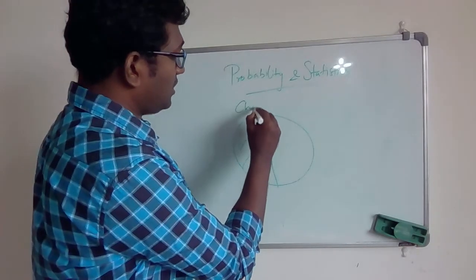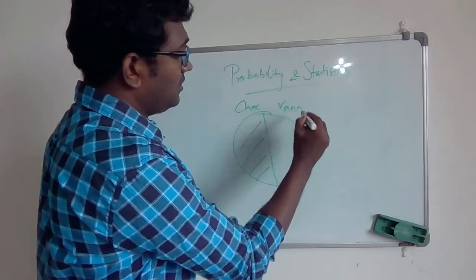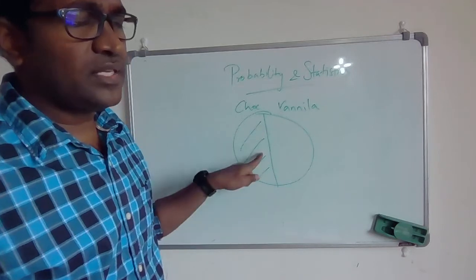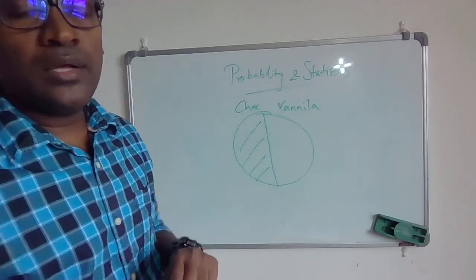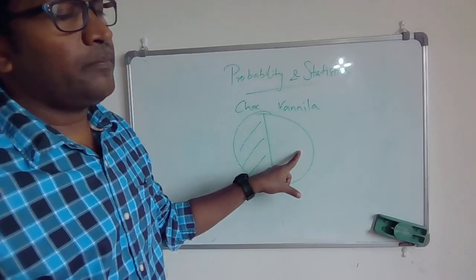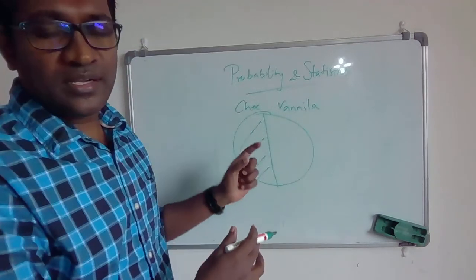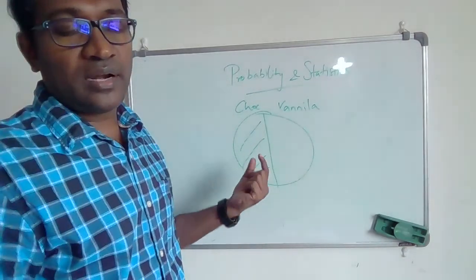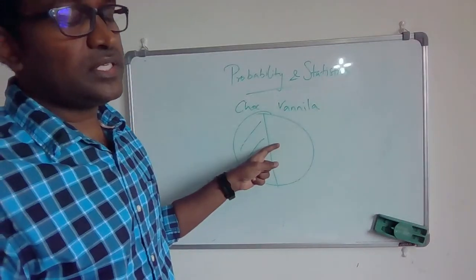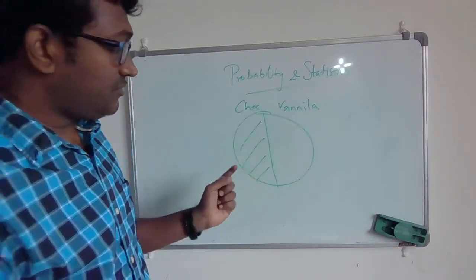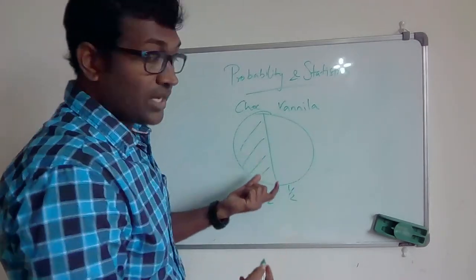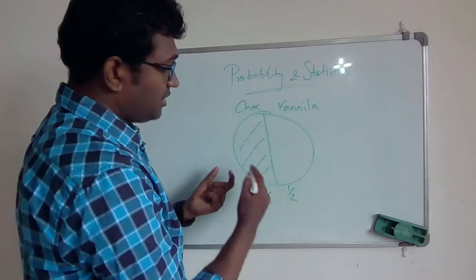If I randomly touch the cake, I can get a piece of chocolate cake, or I can touch here and get a piece of vanilla cake. Suppose somebody rotates the cake and changes its orientation, and I randomly touch it, again the chances are 50-50 of getting a piece from either side. So the probability distribution here is 1/2, just like the coin toss. The probability is distributed between these two.